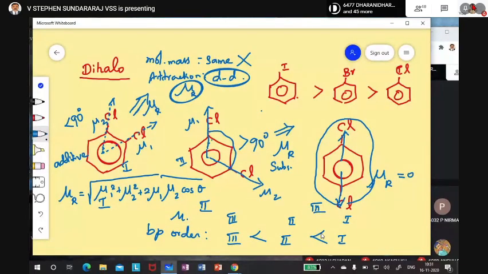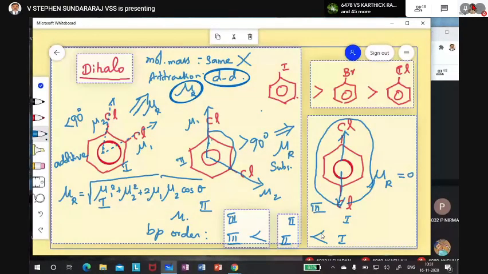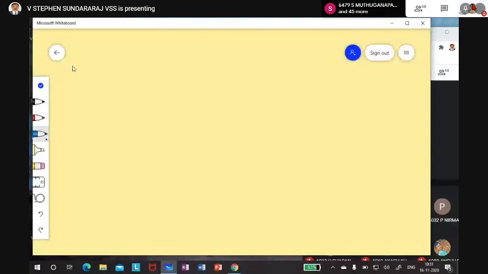Now I am coming to melting point, in this example itself. So now tell me, which will have the highest melting point? For melting point, the first reason is molar mass.